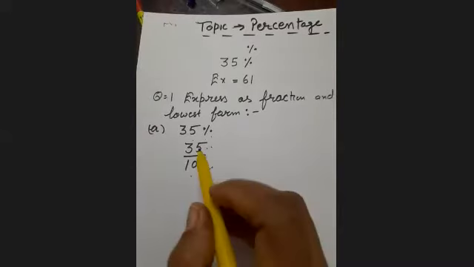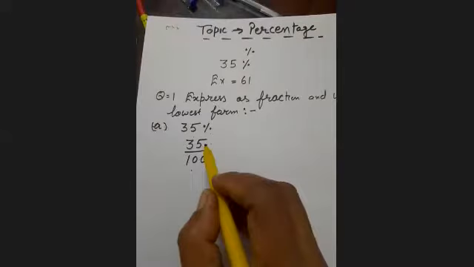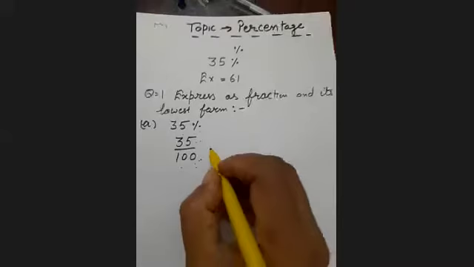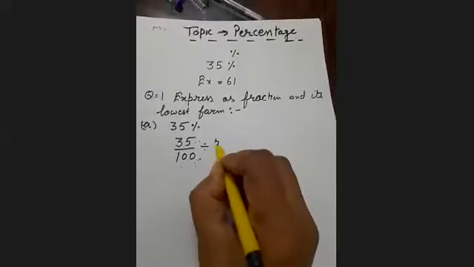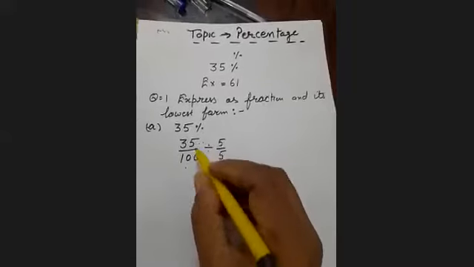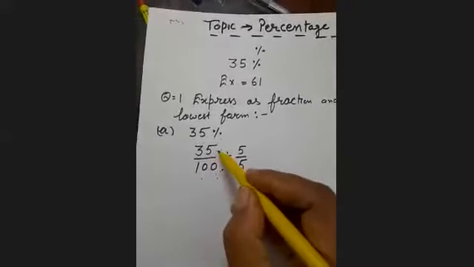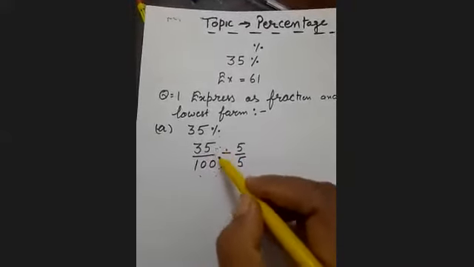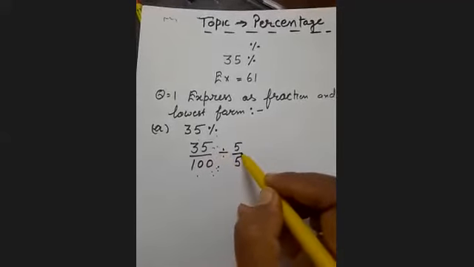35 and 100, both are multiples of 5. So we will divide the numerator as well as the denominator by 5. Divide by 5, divide by 5, because both 35 and 100 are multiples of 5.